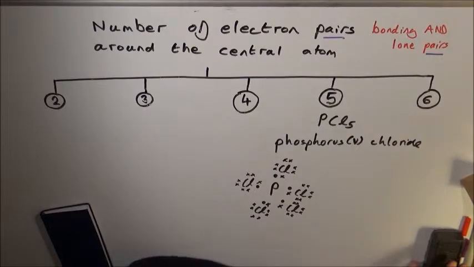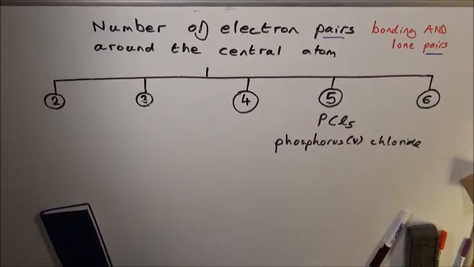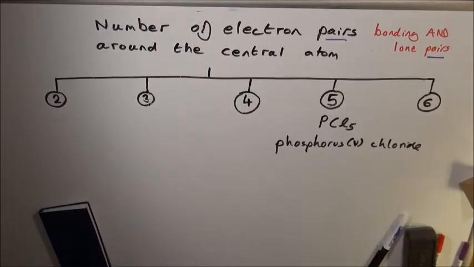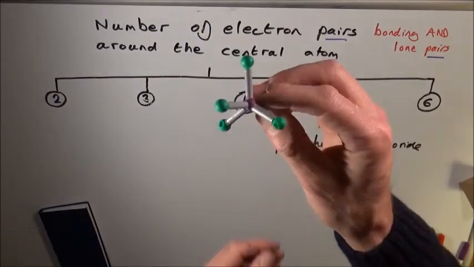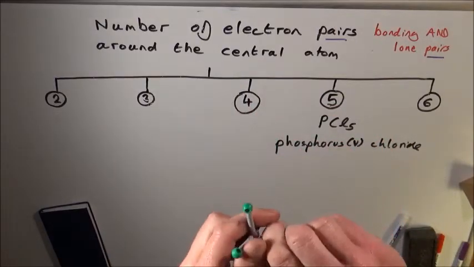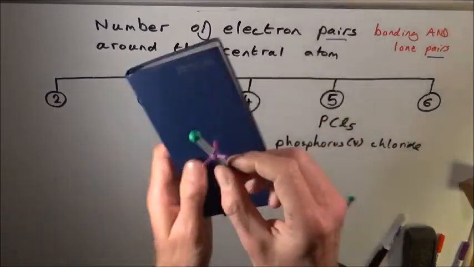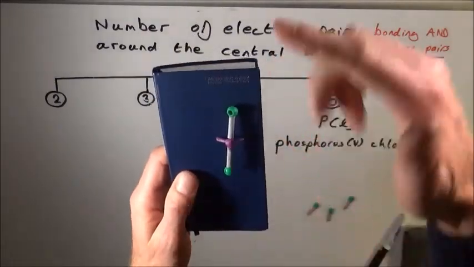Now the shape that one forms, here is a model of it, and if I take away 3 of the chlorines, first of all, you've got the phosphorus and 2 chlorines in a straight line.